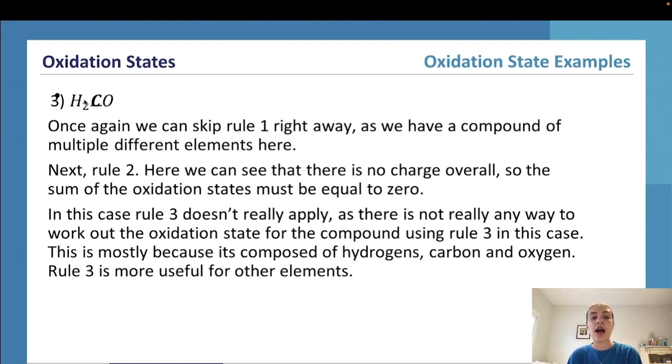Each hydrogen atom has an oxidation state of +1. Each carbon atom has an oxidation state of 0. And each oxygen atom has an oxidation state of -2. And so if we add those all up, we have +1, +1, +0, -2, and that gives us 0 overall.